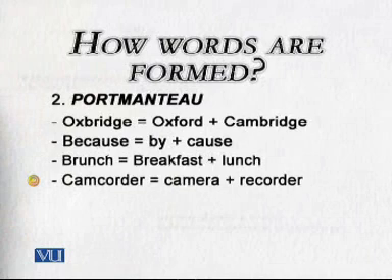Some more examples for your interest on the screen. You can take a look. Camcorder, which we very commonly use these days as we go buying gadgets. So camcorder is a combination of camera and recorder. Please do not forget, when I'm saying portmanteau words, you can compare them with compound words.